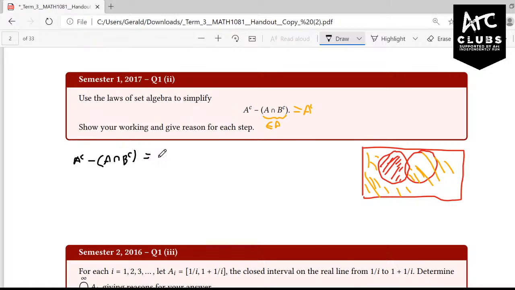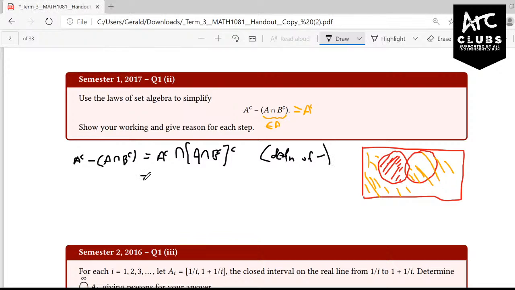So all of the elements in A complement, but not in A and B complement. This is the definition of set difference. I'm just going to write minus. Hopefully you know what that means.